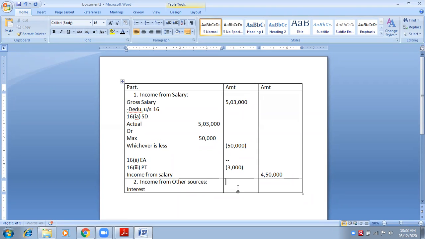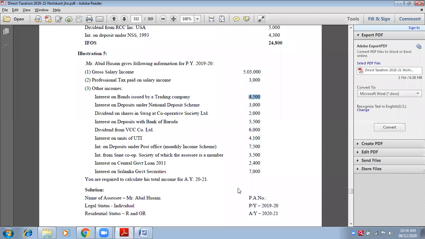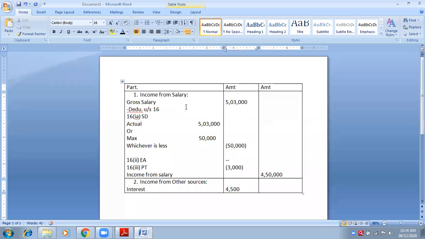We will write here in the inner column 4,500, fully taxable. Next, interest on deposits under NDS, that is National Deposit Scheme, fully taxable, 3,000. Let me not write the same interest again and again. I will write only the figures that are taxable.